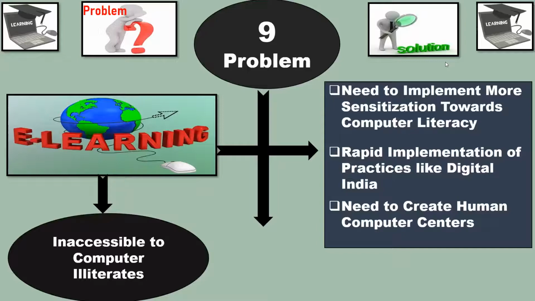Whether they are using mobiles or laptops or desktops, we basically call it computer literacy or mobile literacy. And there are certain issues, because India has a huge count of students from rural backgrounds, even semi-urban hamlets, where there is inaccessibility to computers, because of which there are more computer illiterates.